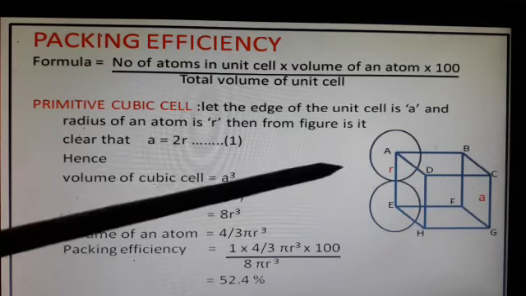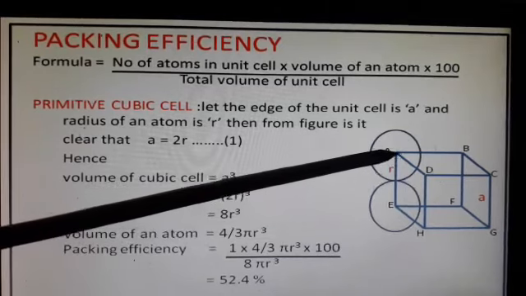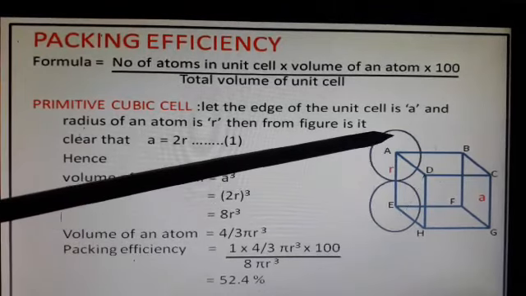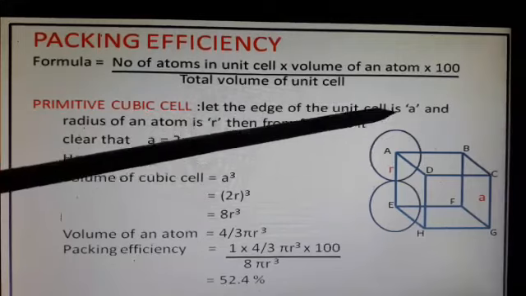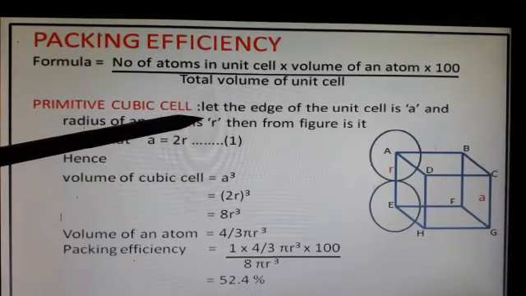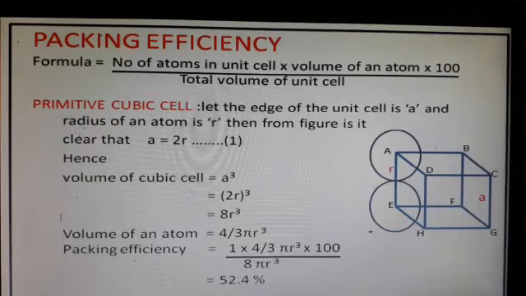So these are atoms which are present at corners. The radius of these atoms is R, and the edge of this cube is A. This A is edge and this R is radius of atom. So let's see. Let the edge of the unit cell be A and radius of an atom be R. Then from the figure it is clear that edge A is equal to double of radius.